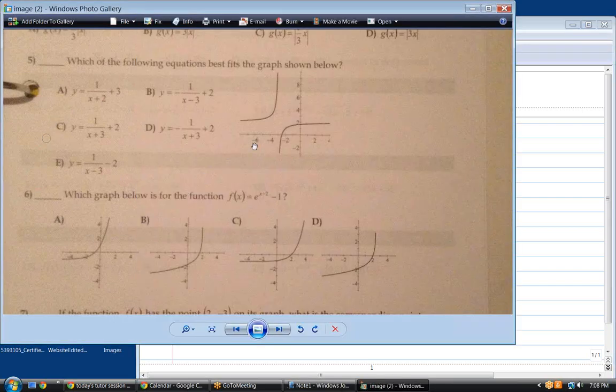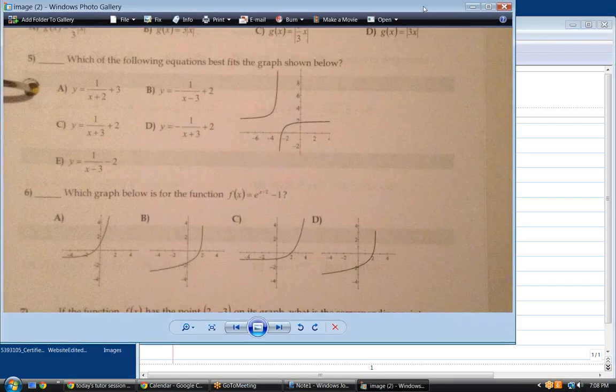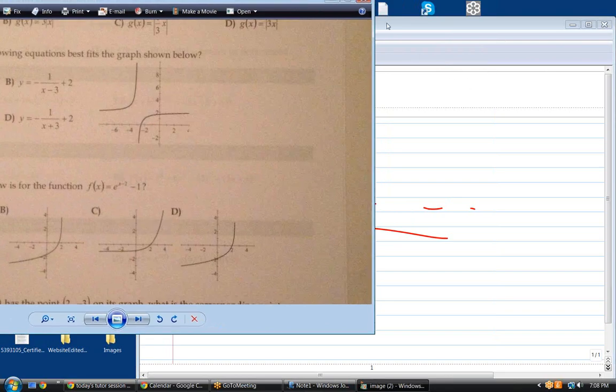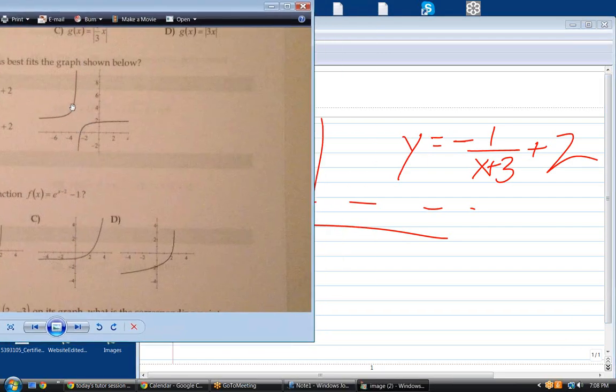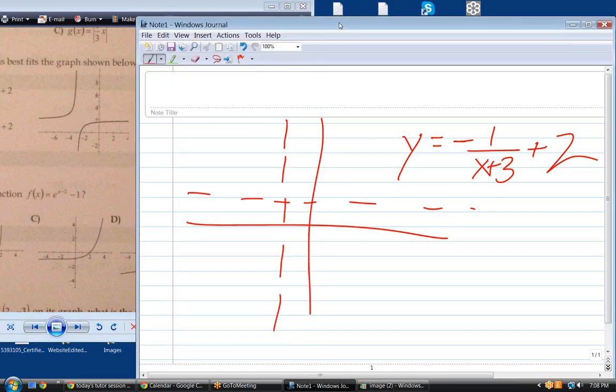But let's plug in a number. Let's write down this function and plug in a number just to be sure that we're dealing with the negative function. So we think it's this function right here. Okay. Let's prove it. Let's make sure that that function is this curve. So pick a number for x. Alright, 2.